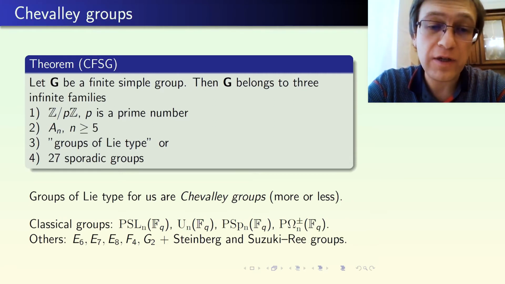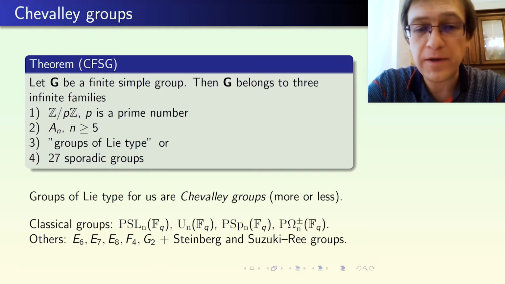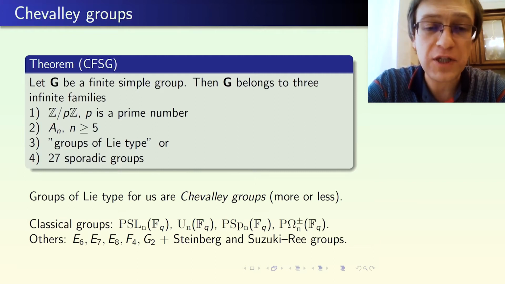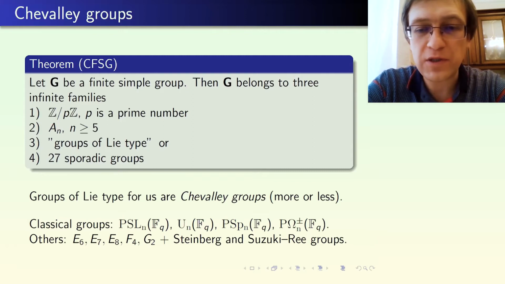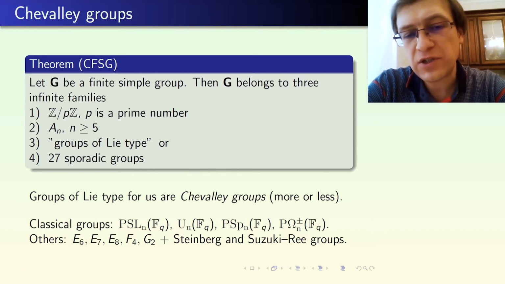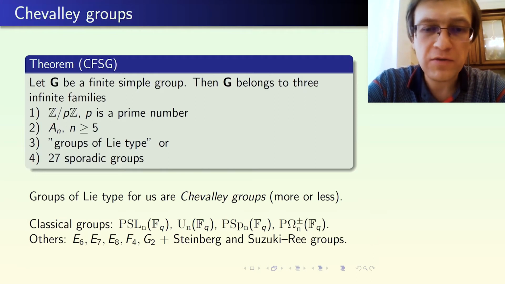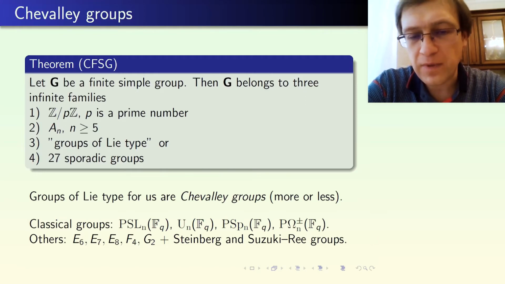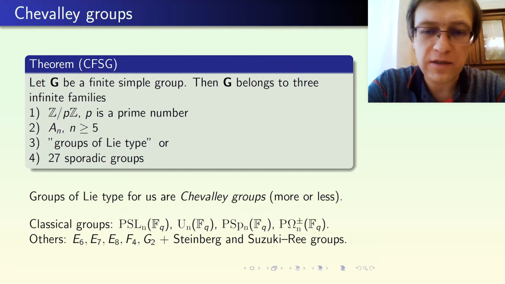Okay, as I said before, it's difficult to describe what a Chevalley group is, but you can just use the classification of Chevalley groups, which are divided into several parts. There are classical groups like SL_n, the special linear group, also the unitary group, the symplectic group, and the orthogonal groups.